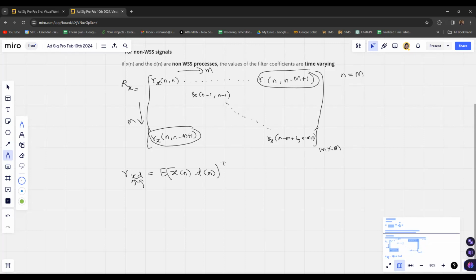So this vector is equal to the correlation values that you obtain at each time instance from n to n minus m plus 1. Up to this time index, you will have the values, and you denote it using RxD n comma n, so the n index compared with the n index.